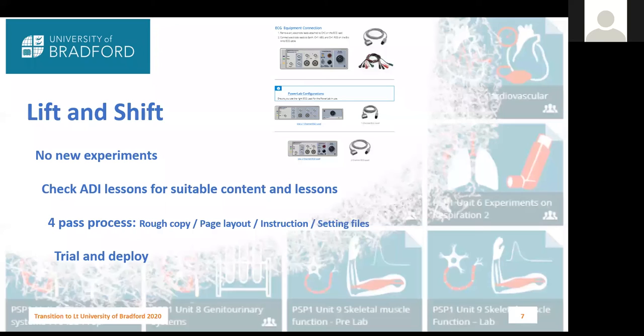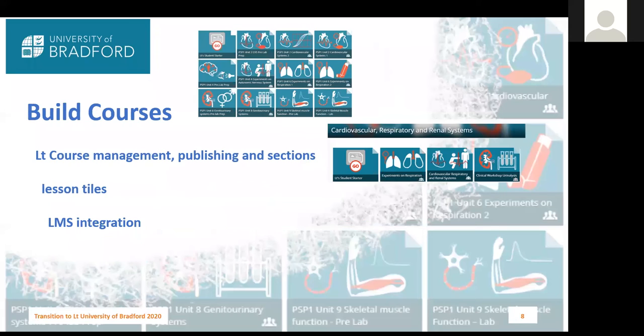So the next part is building courses. This is relatively new to us. In Lab Tutor, this process doesn't really exist, so this is something new for us to build. Course management in LT is really simple, really straightforward to do.